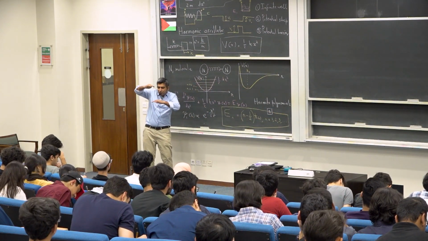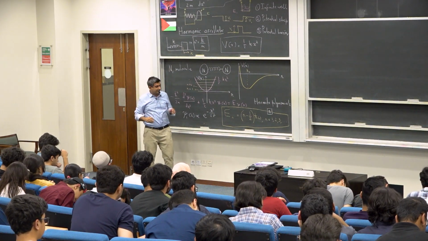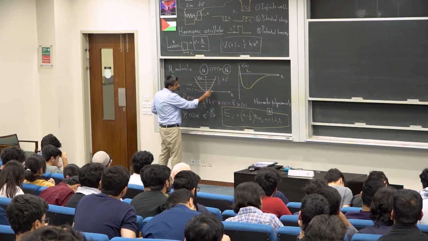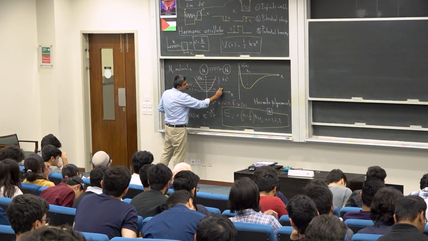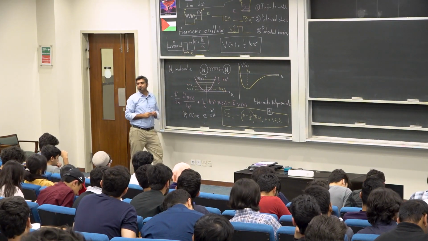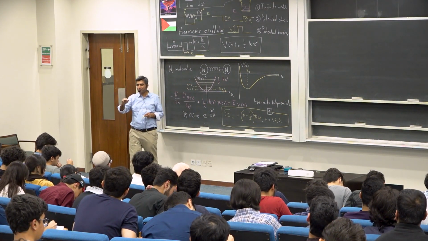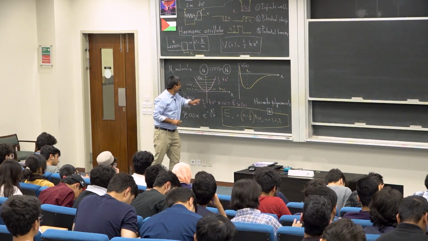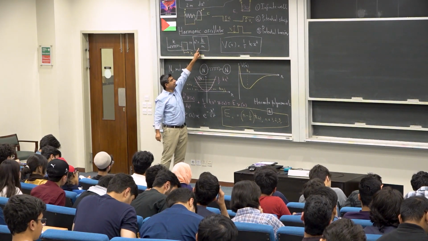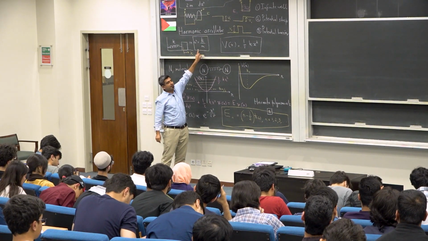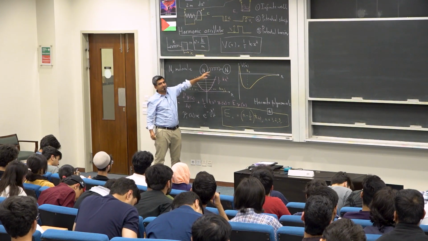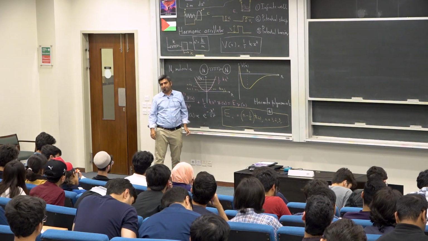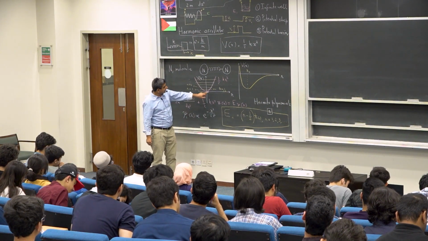So the energy is quantized, and the lowest energy level will have an energy h bar omega over 2. The zero point energy for the harmonic oscillator is half of h bar omega, and this omega is given by the square root of k over m, and for the bond there is some effective bond strength which can be written in terms of k over m. So this is the lowest energy level.